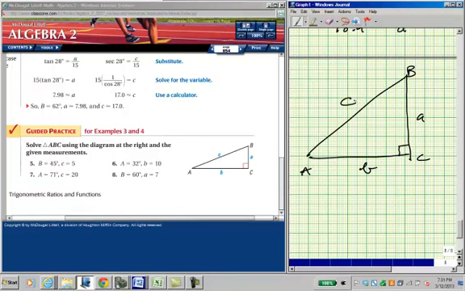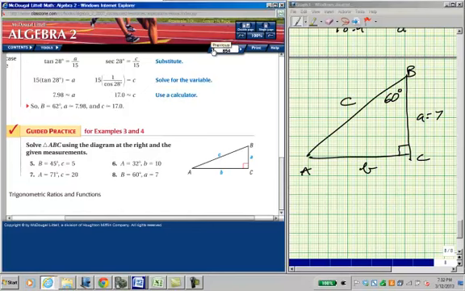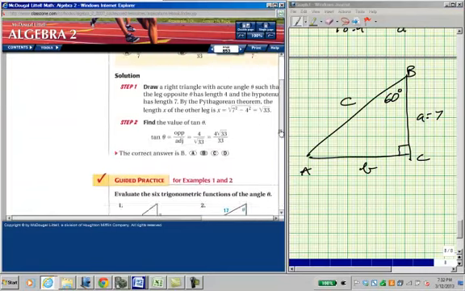All right, and so angle B is 60 degrees, and A equals 7. Now, let's go to the previous page, and let's look at our trig functions for B. You can see I haven't memorized them. I haven't looked at them in a while.